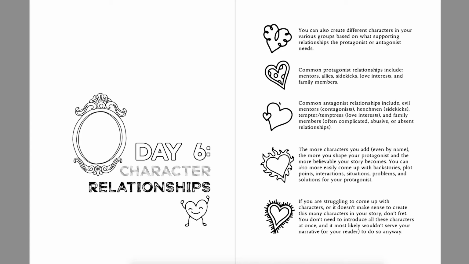And so we're going to talk specifically about mentors, henchmen, and tempters or temptresses on the antagonist side, and then mentors, allies, sidekicks, love interests, family members on the protagonist side. So let's just jump into it.